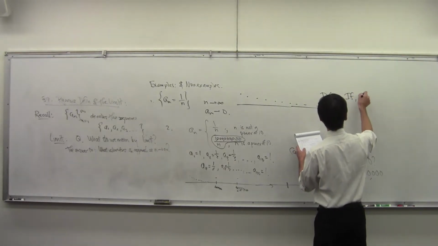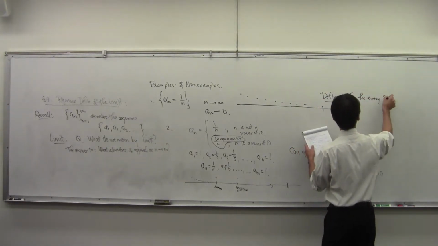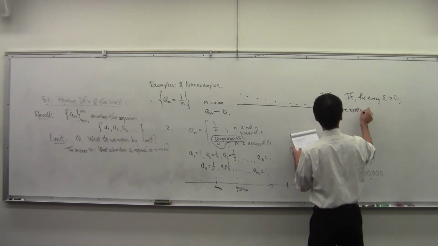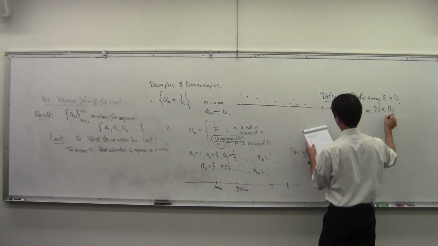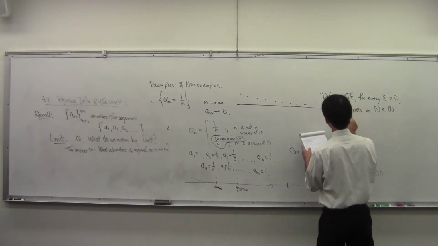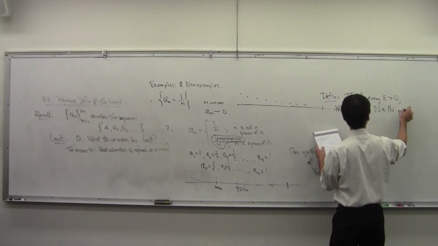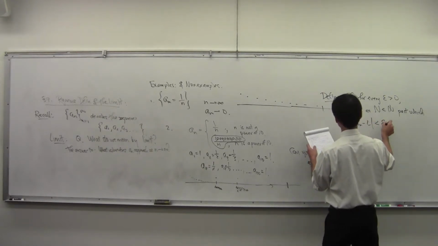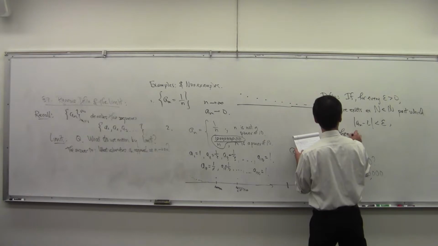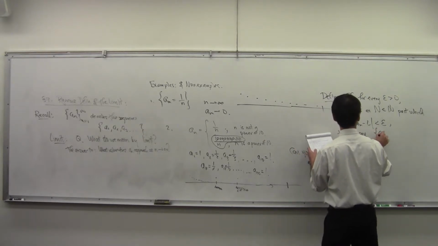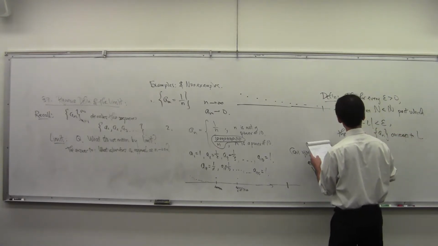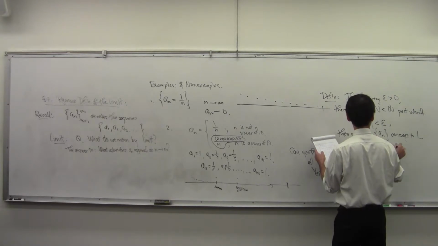If for every epsilon there exists an n past which |a_n minus L| is less than epsilon, then we can say a sub n converges to L. In other words, the limit of a sub n is L as n goes to infinity.